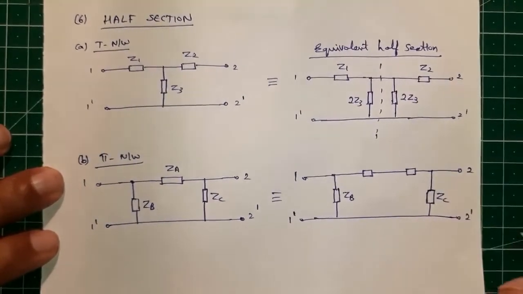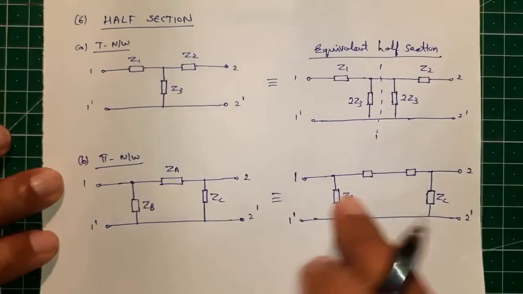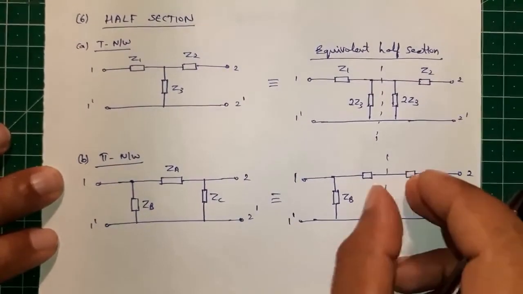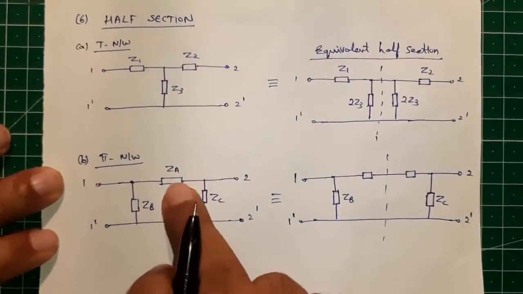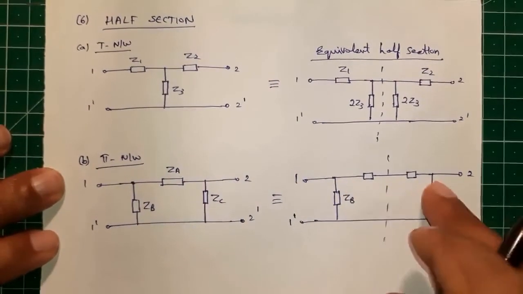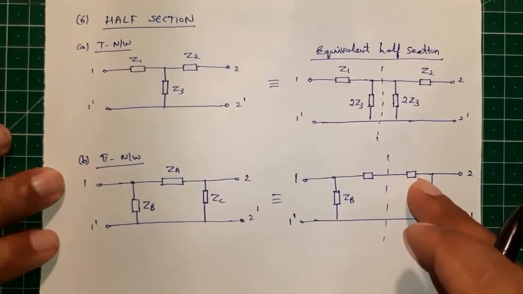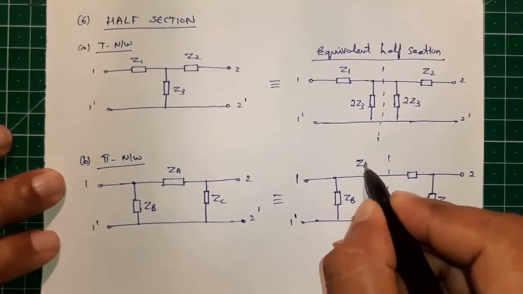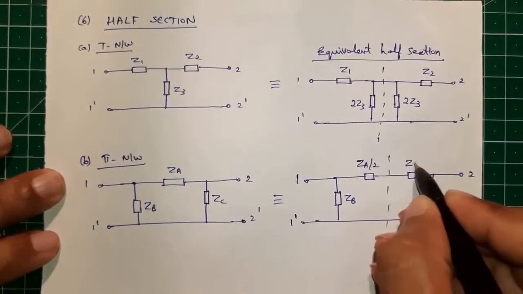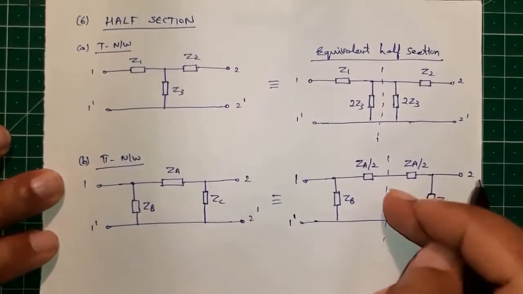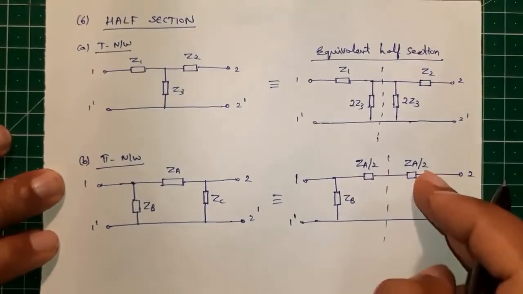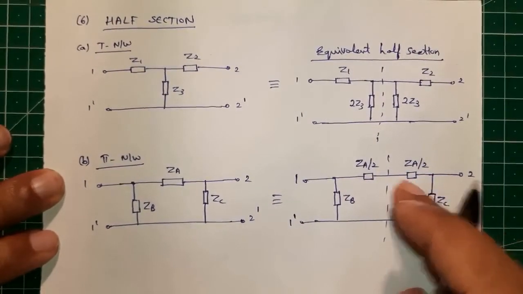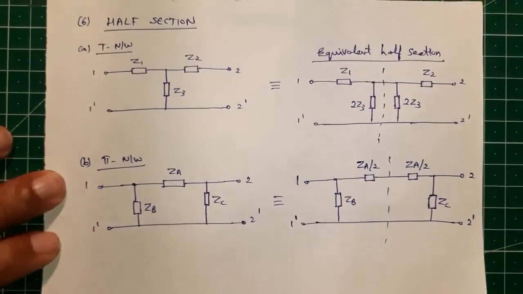So this is ZC. ZA is split into two halves. So when we combine this half section, it should become equal to ZA. So it's in series combination. So it has to be ZA by 2. This should be equal to ZA by 2, so that when we combine this will be ZA by 2 plus ZA by 2. That will be equal to ZA. So you will get back the original pi network.